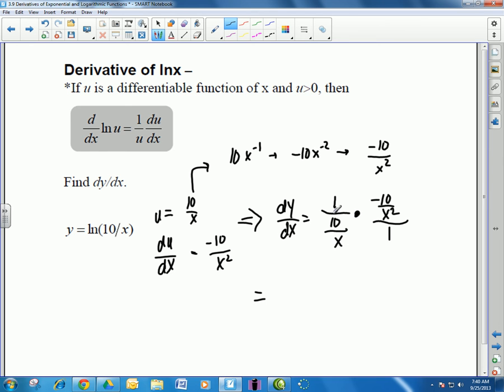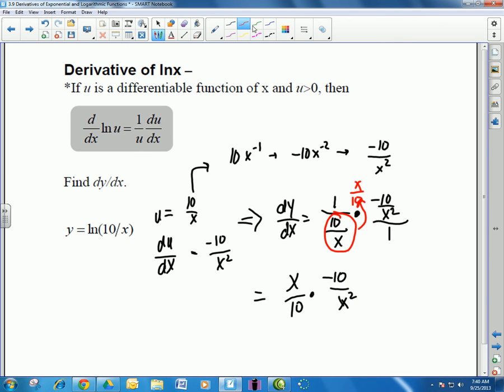Alright, so when you simplify this, you take this 10 over x and bring it up top, it becomes x over 10. So you'd have x over 10 times negative 10 over x squared.